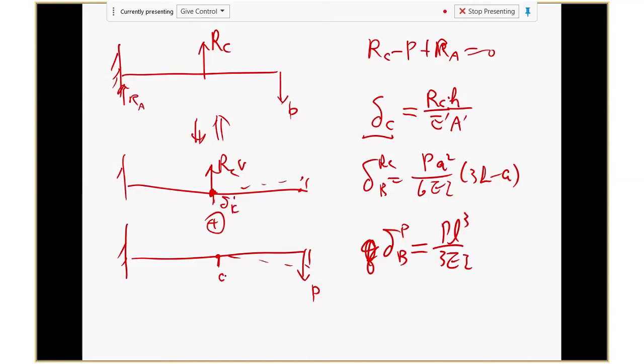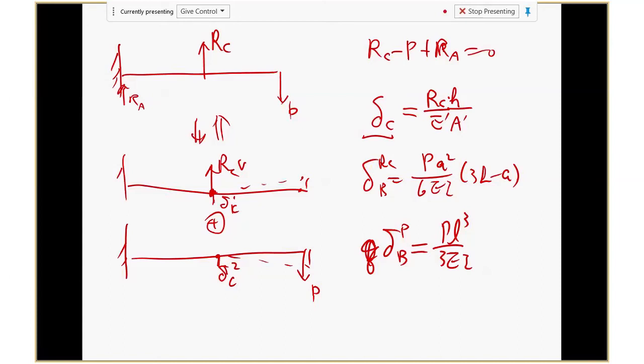This one we call delta C2. Can you find delta C1, delta C2? That's my question. You all tried the homework already, right? So, can you find delta C1, delta C2? That's my question.